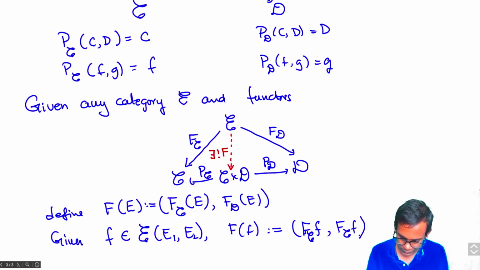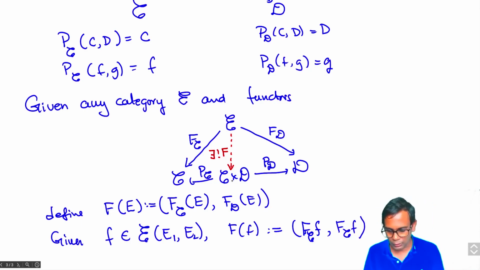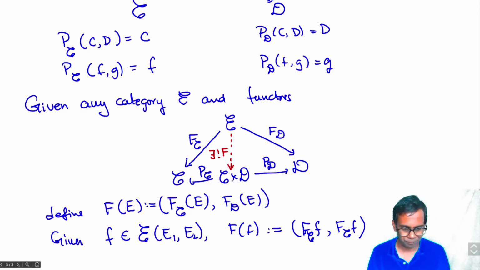So that will give us a functor from the category E to the category C cross D. And this is forced for this diagram to commute, and you can check, so therefore this category C cross D satisfies the universal property for products in the category of all categories.